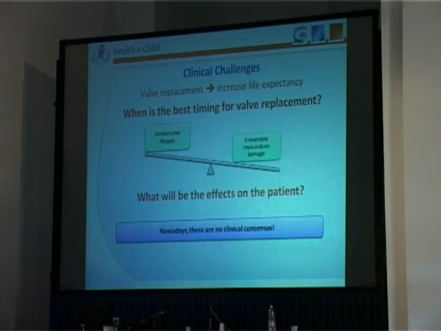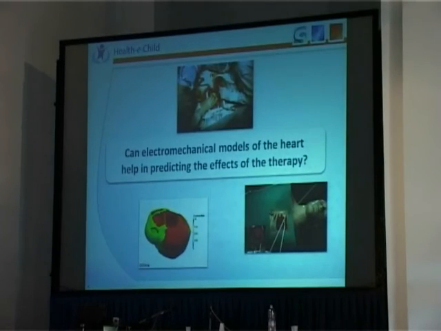And the idea is, why not use electromechanical models of the heart to try to predict in some ways the effect of that therapy on a given patient? If we can answer this question, then it will be very easy to say, okay, for this patient, I just need to put the valve and it will be okay.